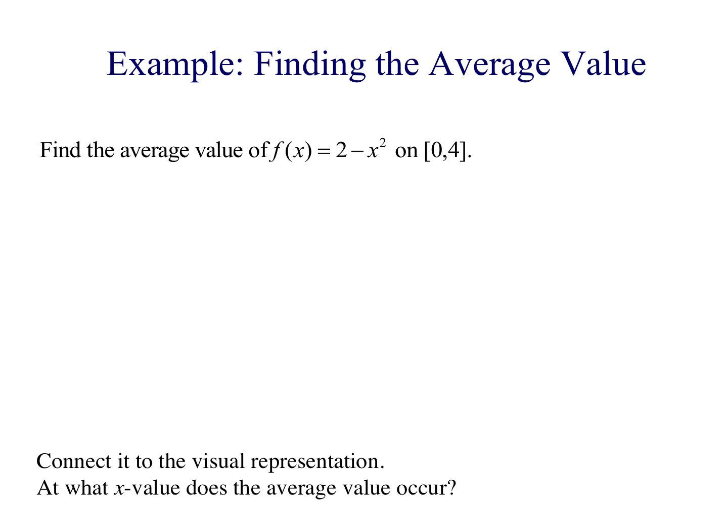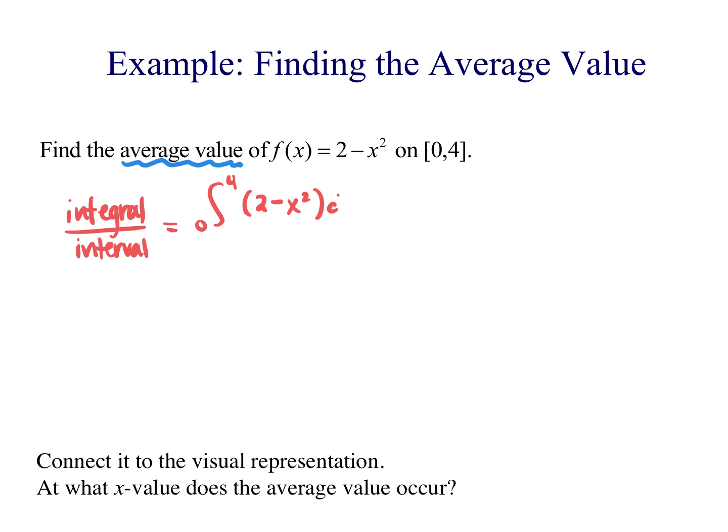So average value, and in your mind, hopefully you'll start to train yourself, integral over interval. The integral would be set up from 0 to 4 of the equation 2 minus x squared dx over the interval, which would then be 4 minus 0.